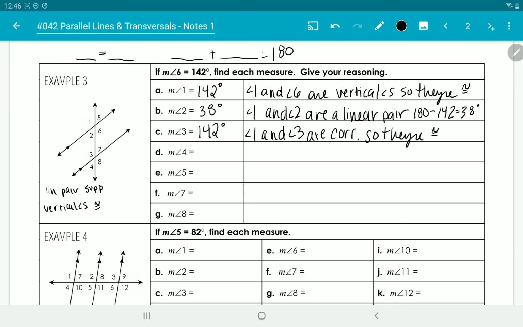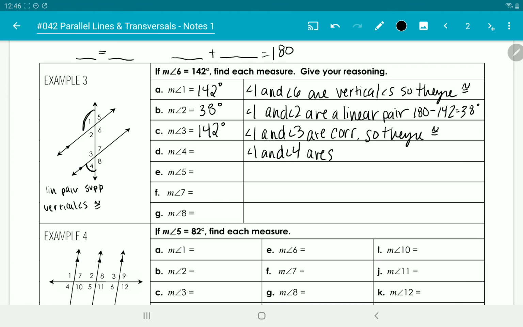Okay. Angle 4, we can see here. We can compare it to any of the ones on the other side again. Let's go ahead and compare it to angle 1 again. Okay, so angle 1 and angle 4. So they're on the same side. They're both on the left of the transversal. So they're same side.